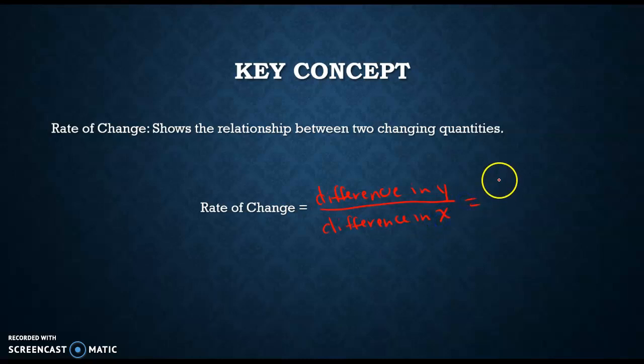And in upper level math, we call difference delta. So delta y over delta x, and so that's our rate of change. The difference in our dependent variable over the difference in our independent variable, however you want to think about it.